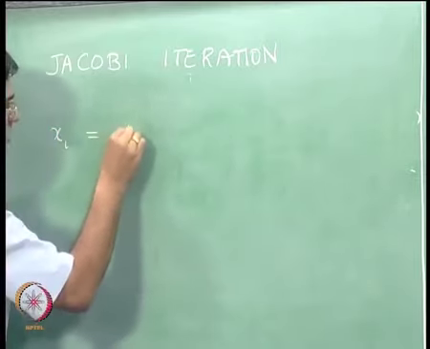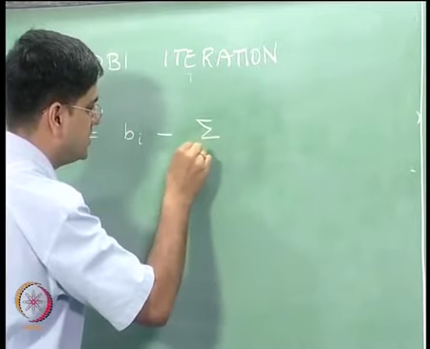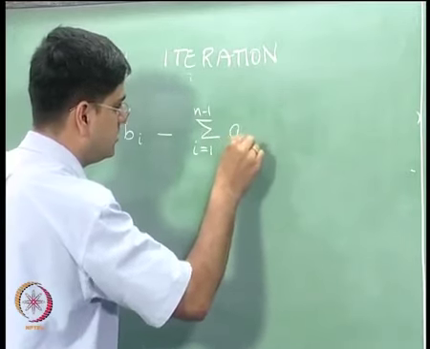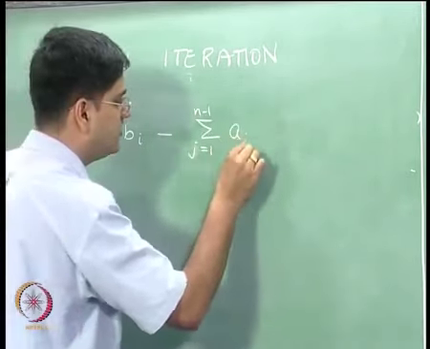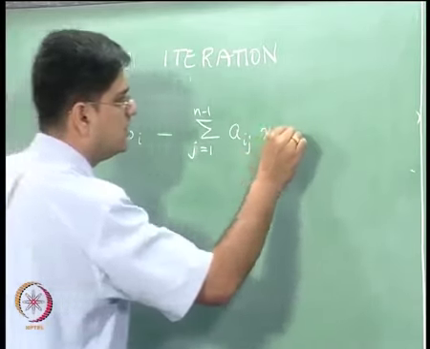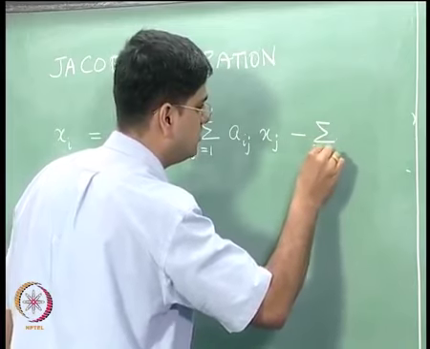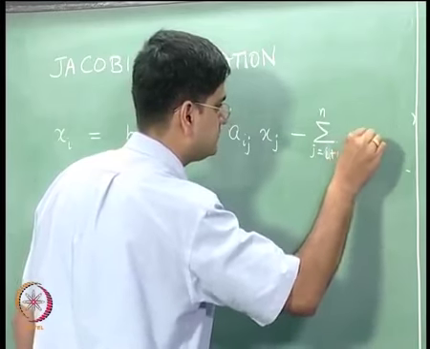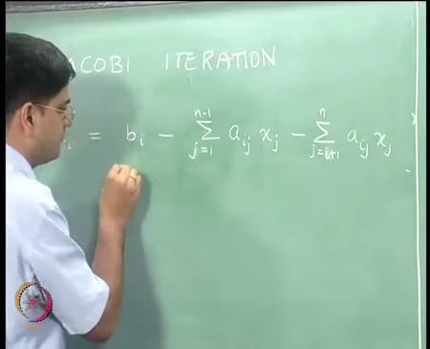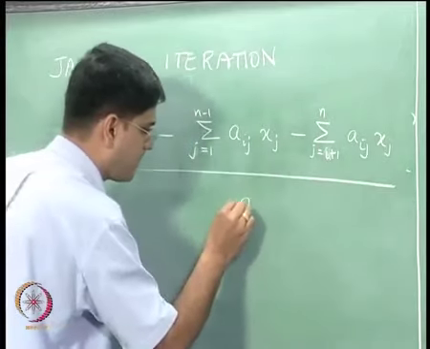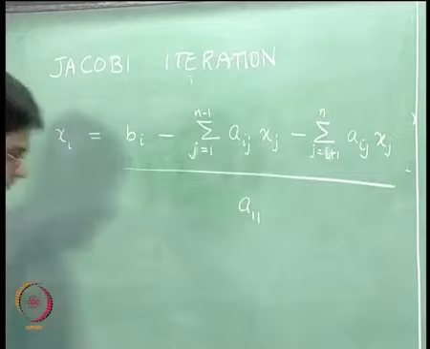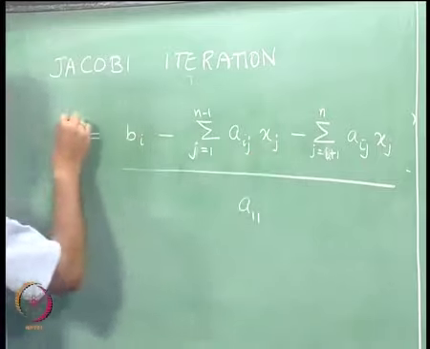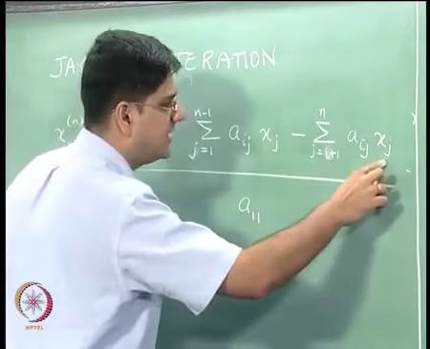We have xi equal to bi minus the summation over j equal to 1 to i minus 1 of aij xj, minus the summation j equal to i plus 1 to n. What we had in Gauss-Seidel iteration is this had an index n, whereas this had an index n minus 1.